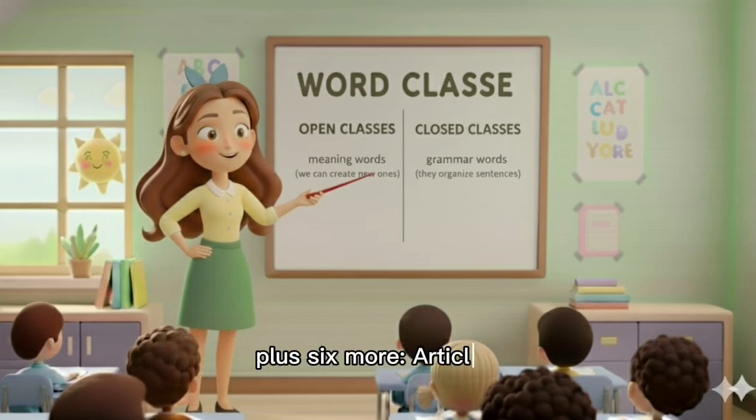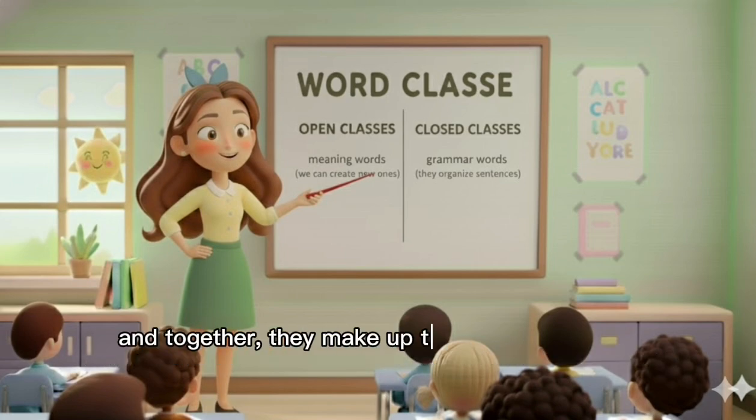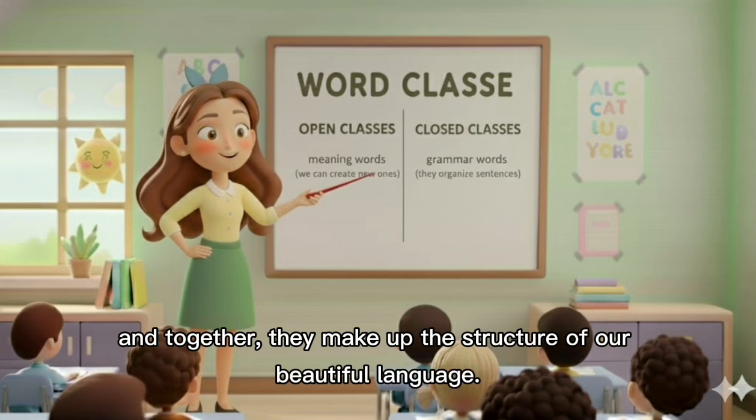Plus six more: articles, quantifiers, interrogatives, auxiliary verbs, modal verbs, and interjections. Every word in English belongs to one of these classes. And together, they make up the structure of our beautiful language.